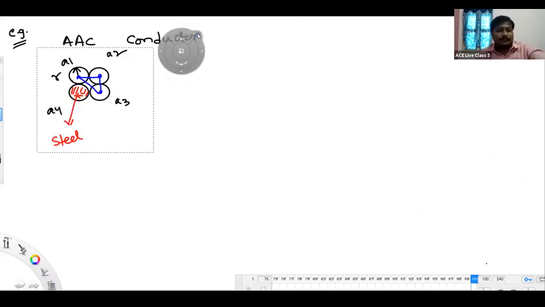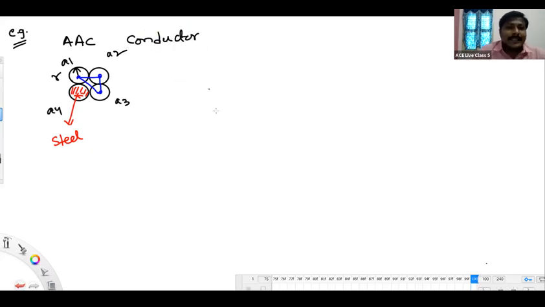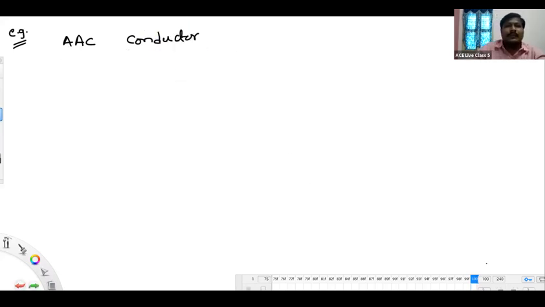I'll show that AAC conductor like this. This is one strand, maybe central, you can say. Central strand. Remaining strands I will show quickly. Outer strands I'm showing.